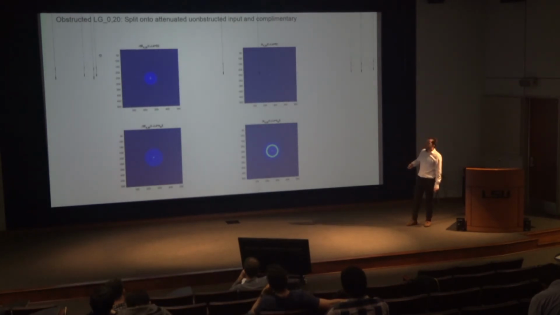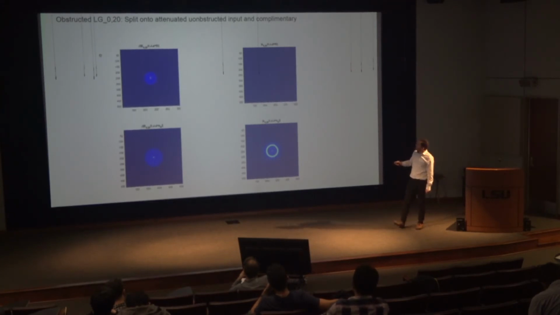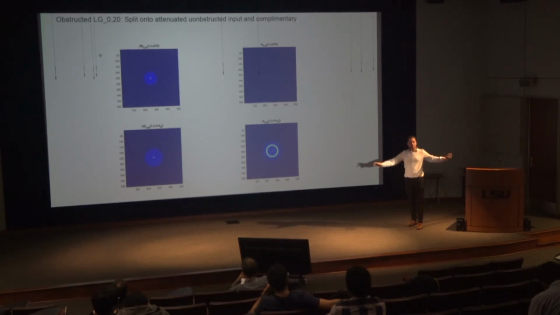Let's say before going to Bessel-Gauss beam, just looking at a high P order LG mode, like LG 020 mode. Even for that, you see that once you implement an obstruction, it just splits into the attenuated original beam plus the complement. And as it propagates, even though this stays relatively the same, even though it just gets spatially larger by a tiny amount, the complement diffracts away super fast.